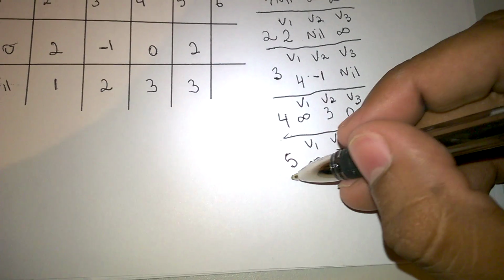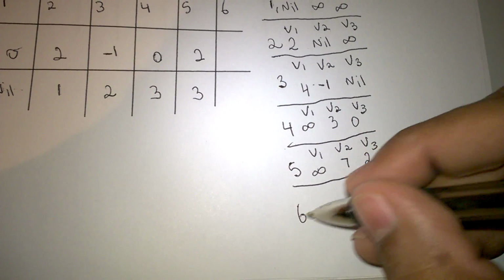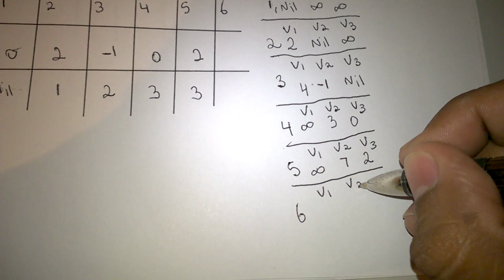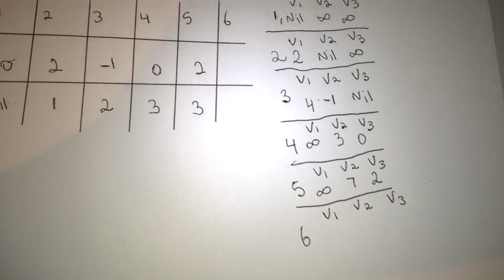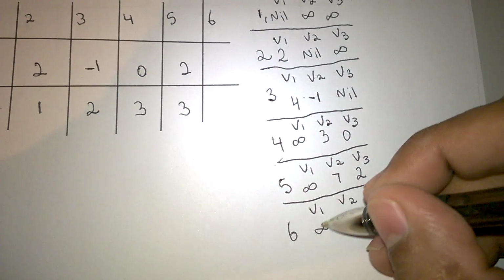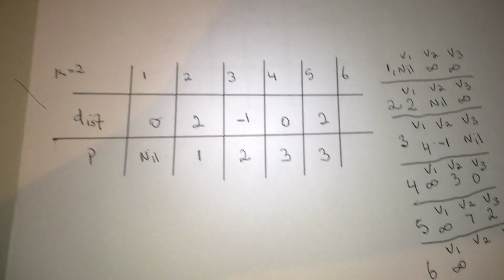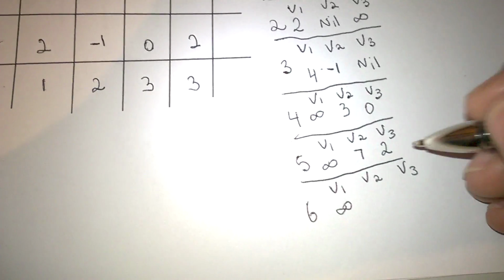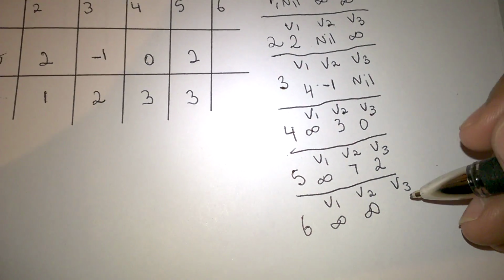So now we're going to do 6. Could we reach 6 from v1? No, we can't, so we put infinity. Could we reach 6 from v2? No, we can't, infinity again. And we can't reach 6 from v3 either, so infinity.